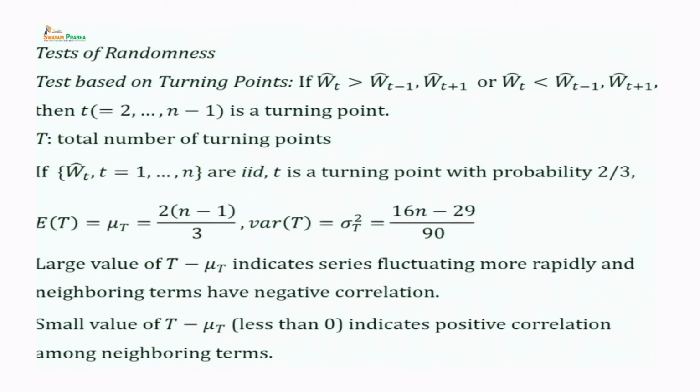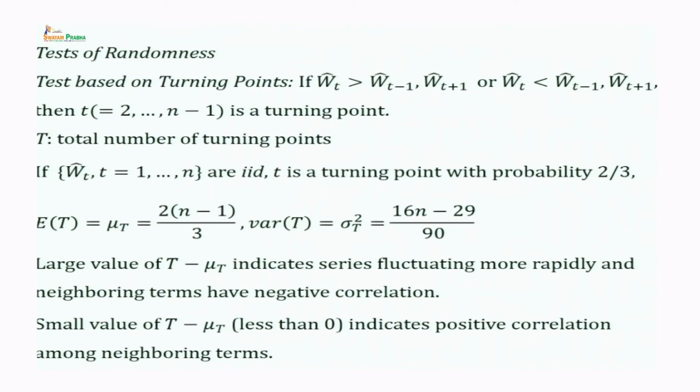So, this is an indication that the terms are negatively correlated, and if W t is below the point W t minus 1, then there is a high probability that W t plus 1 is above the point W t. So, you get a lot of fluctuations, and this is an indication of negative correlation.